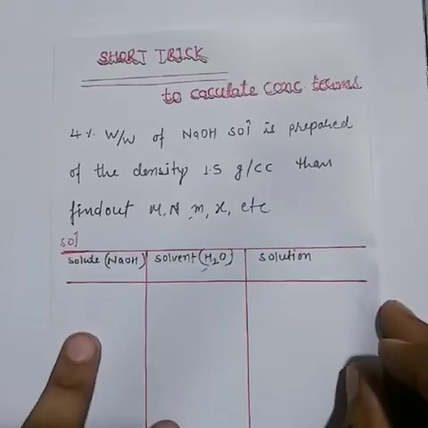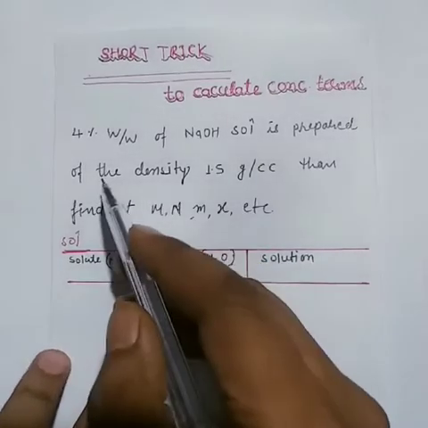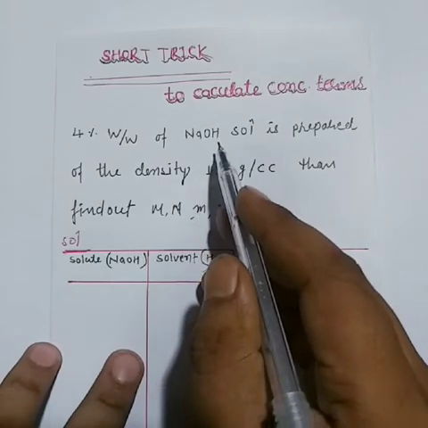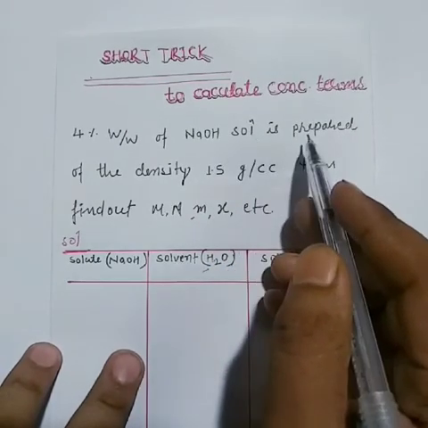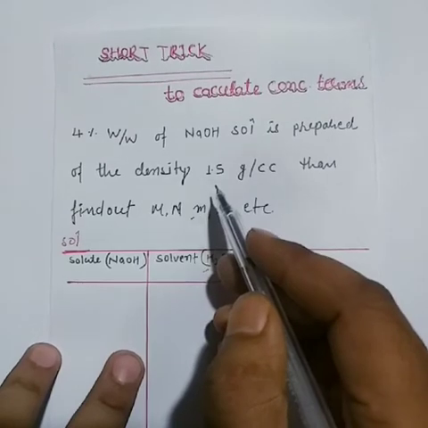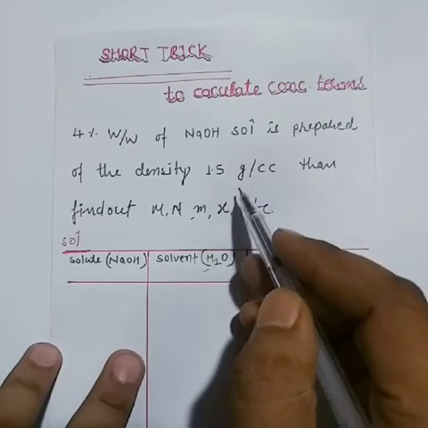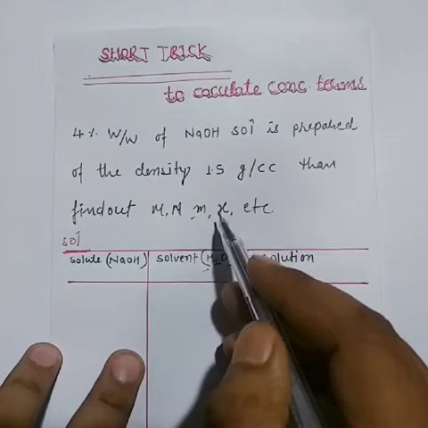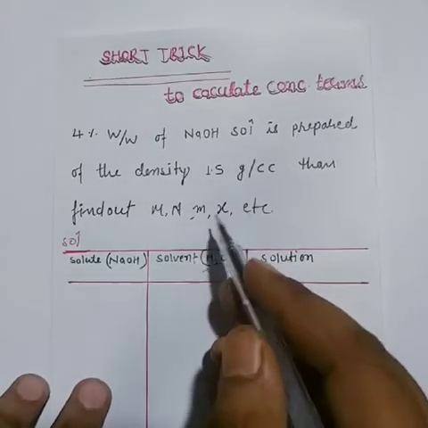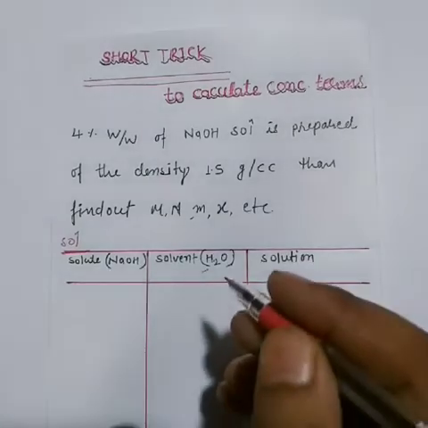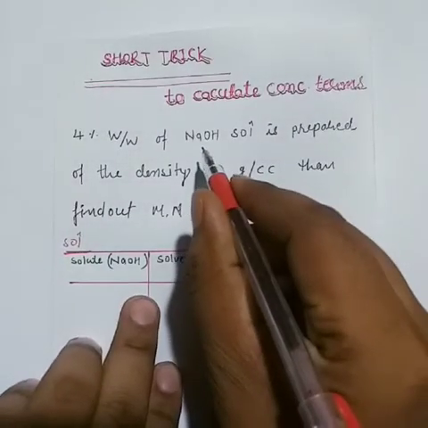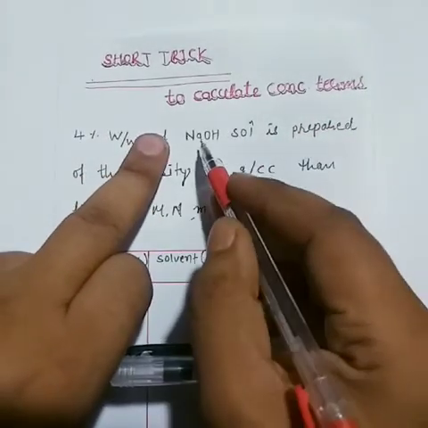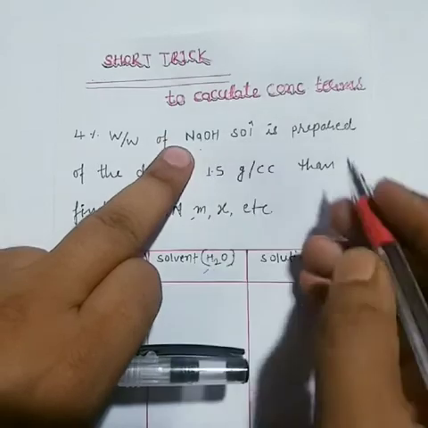Now see, a question similar to the previous one: a 4 gram weight by weight percentage of sodium hydroxide solution is prepared with a density of 1.5 gram per cc. Then find out molarity, normality, mole fractions, molality, etc. Sodium hydroxide here is the solute and the solvent is water.